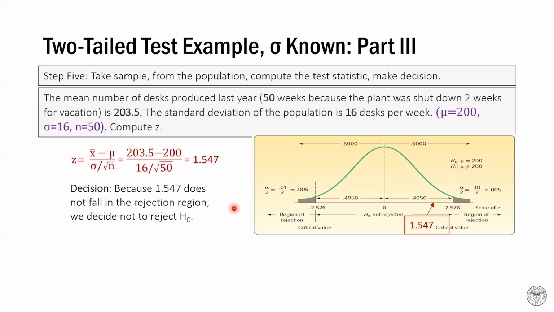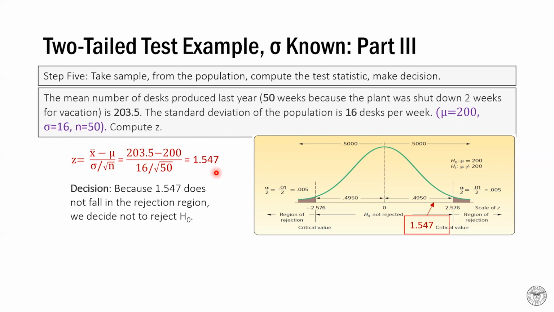Based on the given sample, with a sample mean of 203.5, provided that mu equal to 200, sigma equal to 16, and sample size n equal to 50, we can then compute the test statistic as follows. z equals x bar minus mu over sigma divided by square root of n, equal to 203.5 minus 200 over 16 divided by square root of 50, which is given by 1.547.